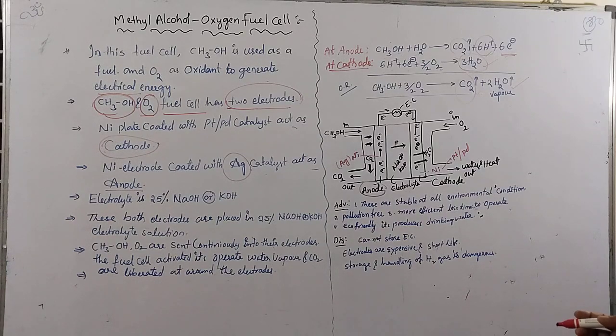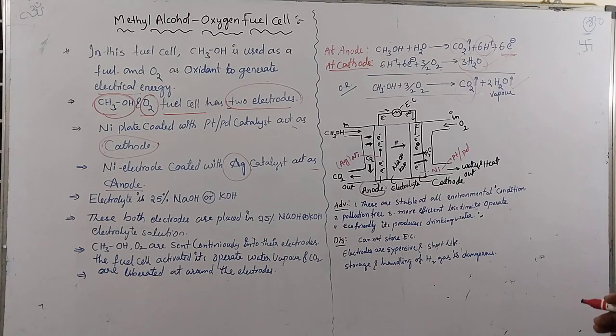There are advantages too. The cell is stable in all environmental conditions. It is also pollution free: we are not using any petrol or diesel, so no chlorofluorocarbons, no sulfur dioxide, no external pollutants and no dust particles are released. It is more efficient and takes less time to operate.